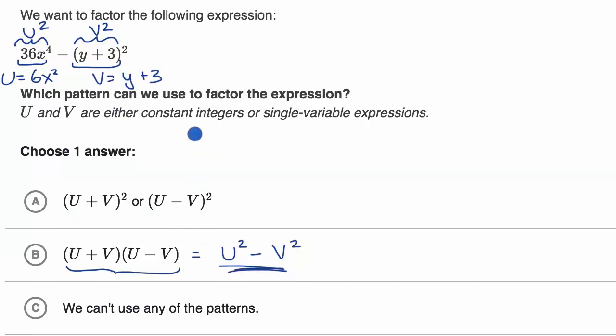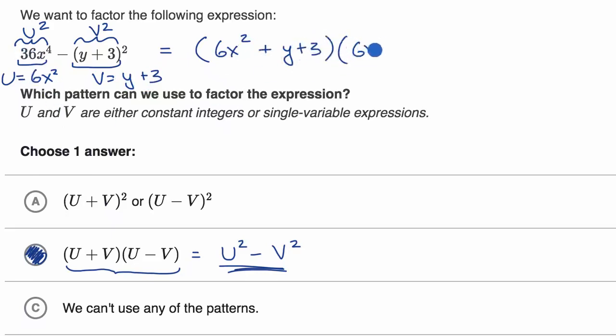And they're just asking us to say what pattern can we use to factor the expression. They're not asking us to actually factor it, so we'll just pick this choice. But once you identify the pattern, it's actually pretty straightforward to factor it. Because if you say this is just going to factor into u plus v times u minus v, well, u plus v is going to be 6x squared plus y plus 3, times u minus v.